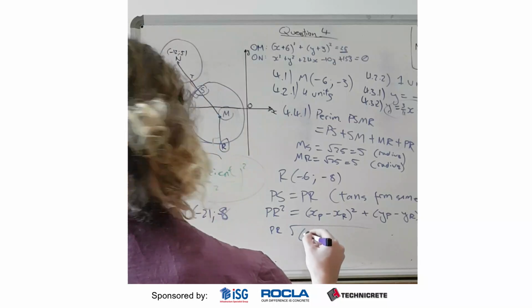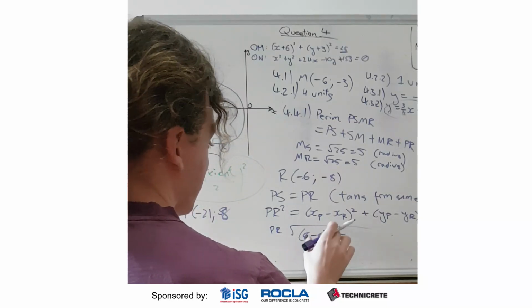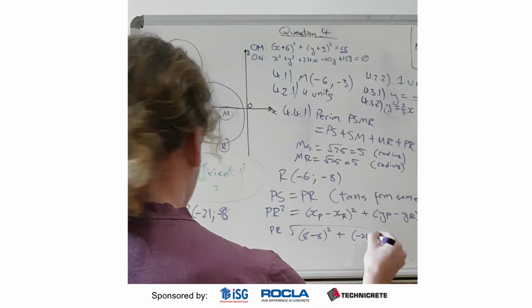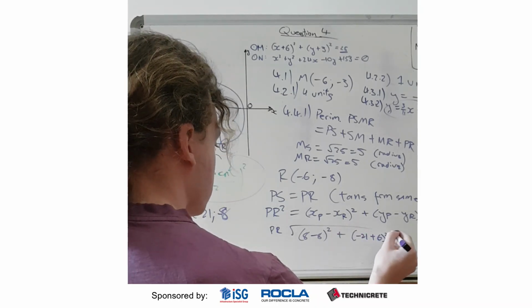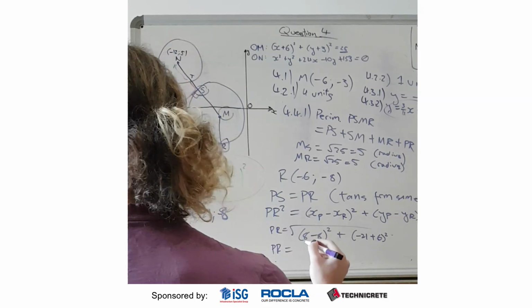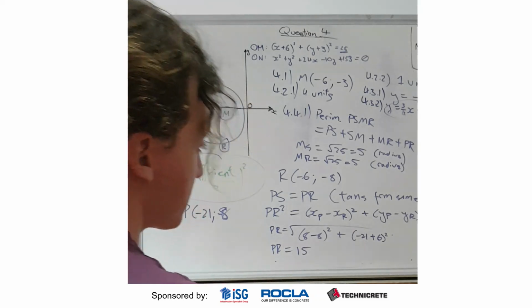So this lands up basically 8 minus 8. So that part's not going to matter much. And -21 plus 6. Our final answer should give us just 15.